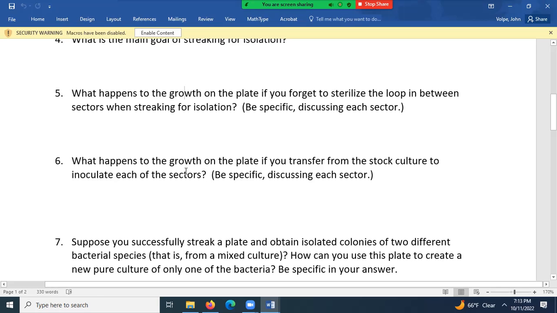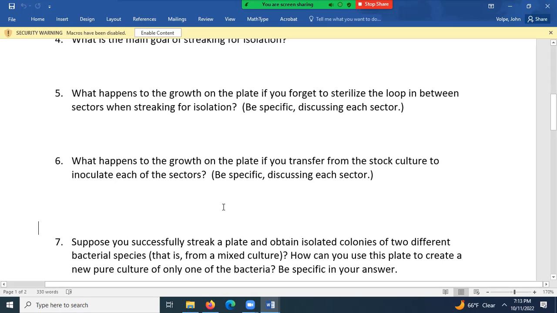And number 6, what happens to the growth on the plate if you transfer from stock culture to inoculate each sector? The growth on the plate will look different for number 5 than it will for number 6. So describe how the plate will look on each sector in 5 and 6.